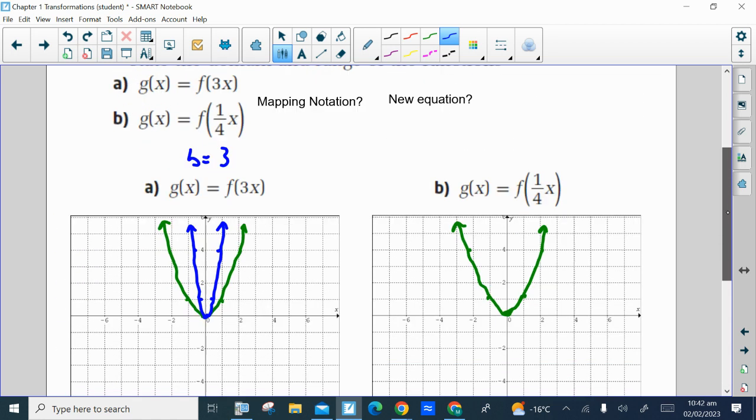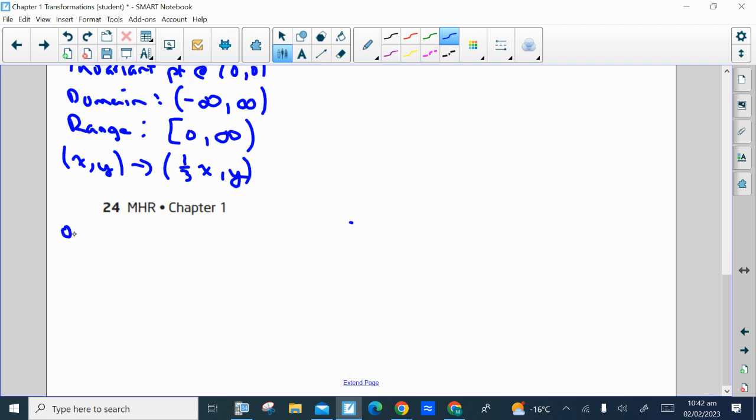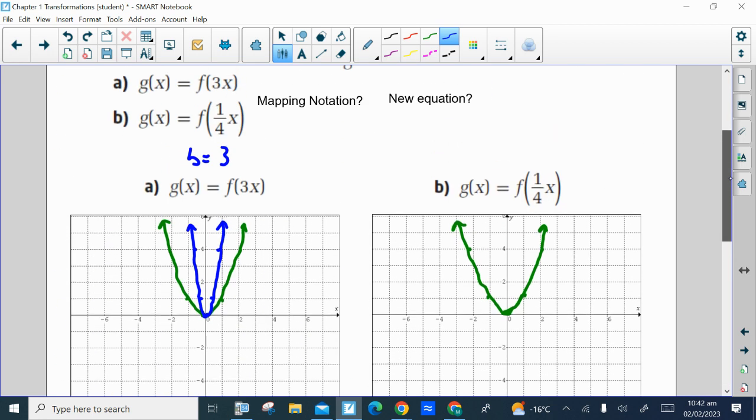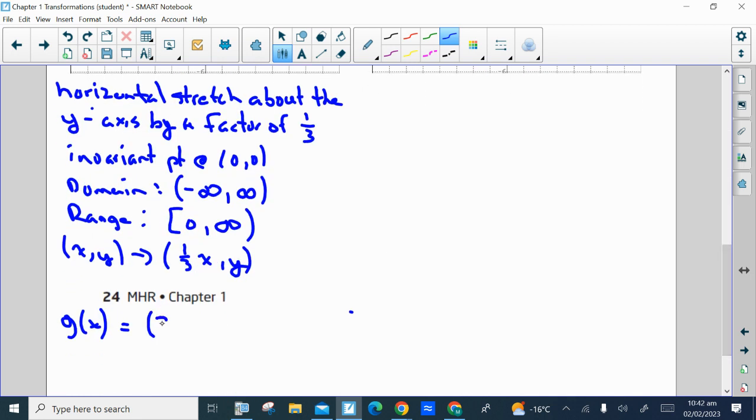So we also want to do our mapping notation as well, the new equation. Because we horizontally stretch by a third, all the x values are multiplied by a third. And now with the equation, we have a b value of 3. That means you're going to replace x with 3x.